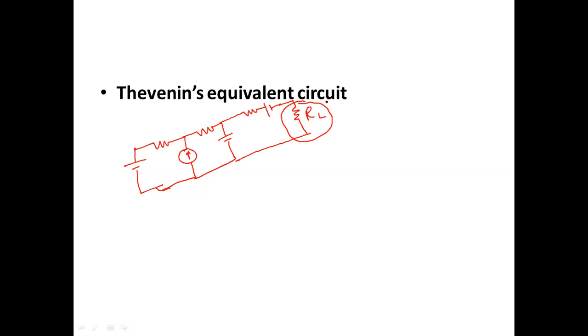So how can we analyze this circuit and find the current in this resistance? I am going to go through the steps.